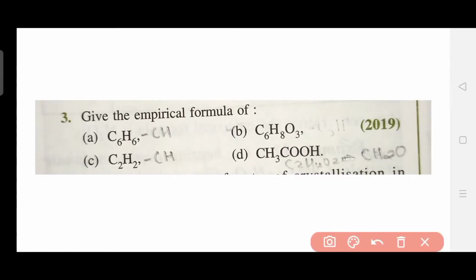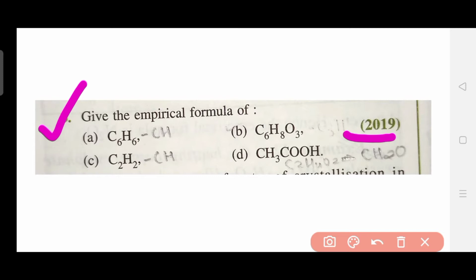Okay, so let us have a look at the different questions which are asked from this chapter. Let me first of all start with the easiest type. You can see that this question was asked in the year 2019. The question says: give the empirical formula of the 4 compounds which have been provided: C6H6, C6H8O3, C2H2, CH3COOH.